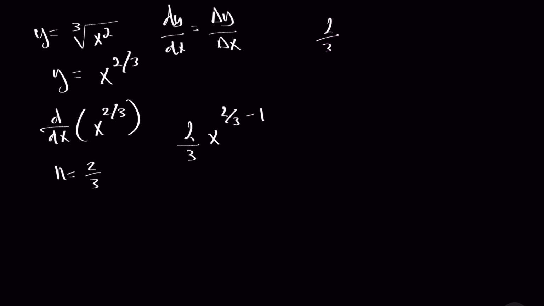And we'll do the math over here. For 2/3 minus 1, we need to have the same denominator. This is 2 minus 3, which is negative 1/3. So our derivative is 2/3 times x to the power of negative 1/3.